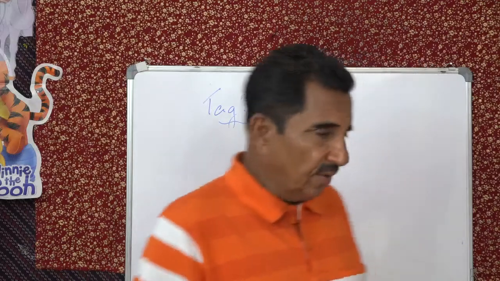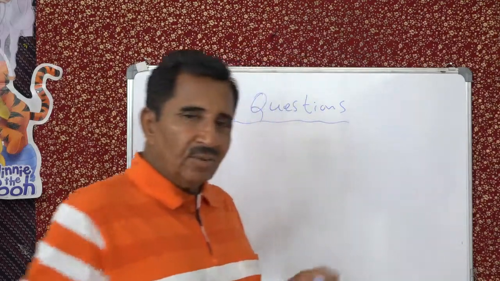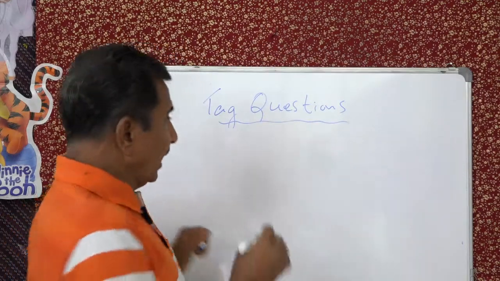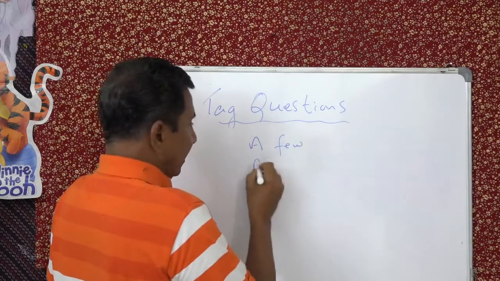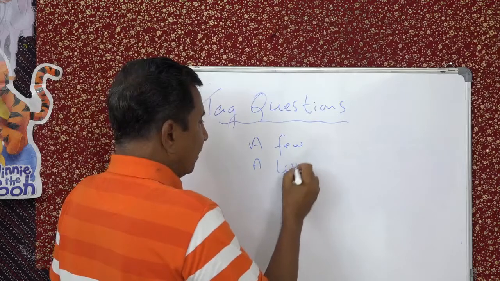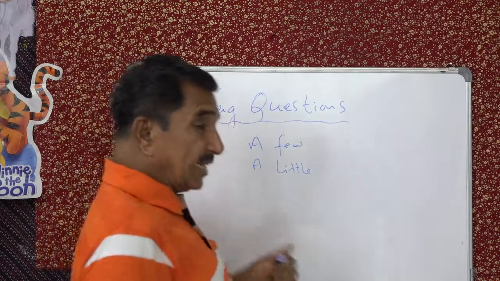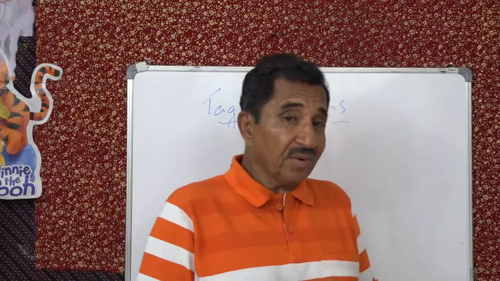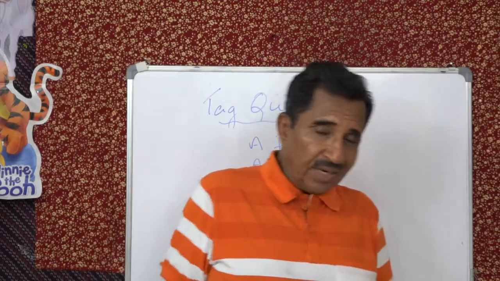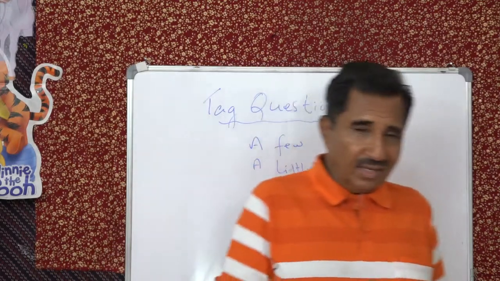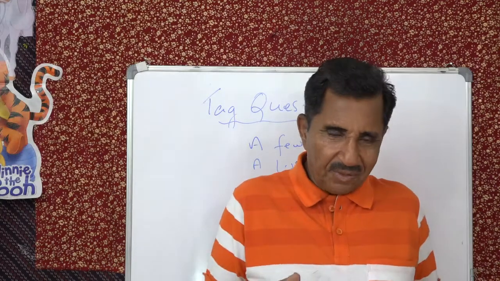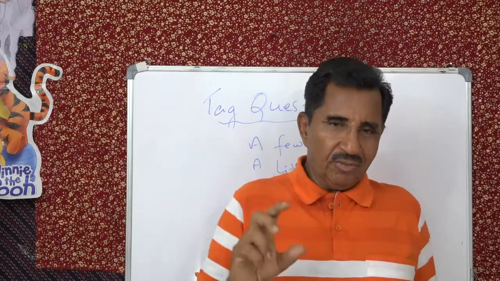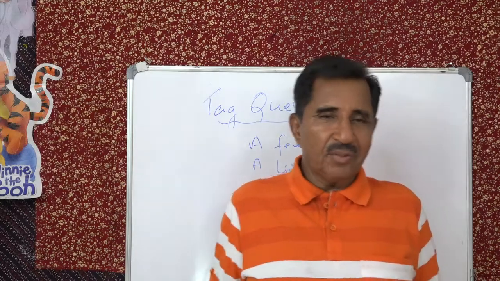The word "only". And in this connection also, don't get confused. A few, a little, they are positive, not negative like few and little. You remember in the grammar that I taught you in primary classes, it's very clearly stated with the examples. Few is negative, but a few is positive.